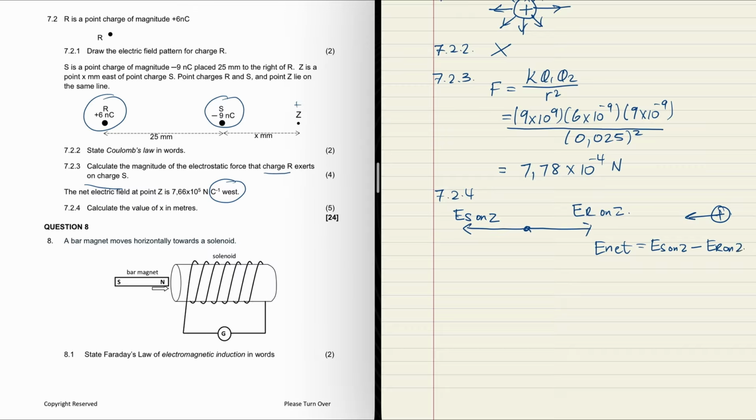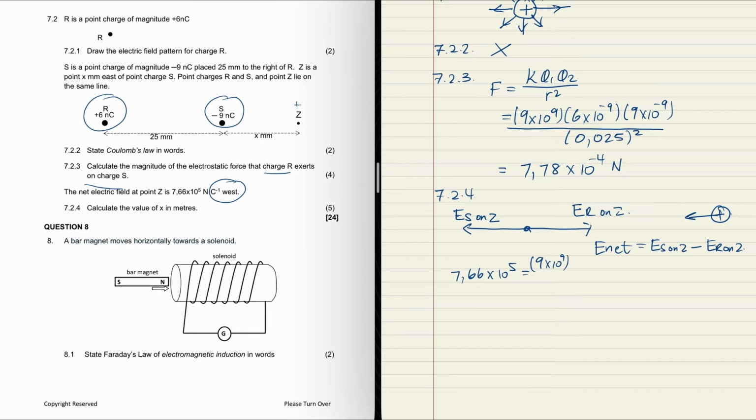Now that we have an equation, we can then substitute and solve. So we know the net electric field is 7,66 times 10 to the power 5, and that's equal to the electric field of S on Z, which is going to be K. Then let's substitute, we know what K is. So 9 times 10 to the 9.